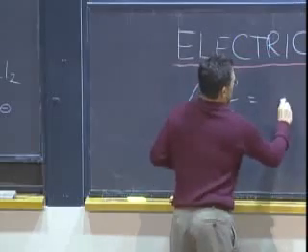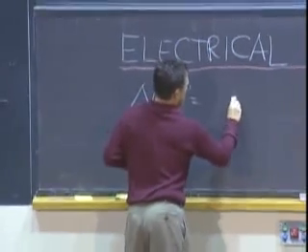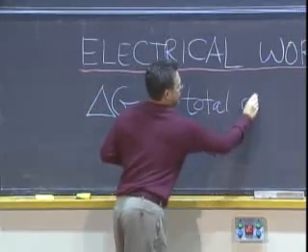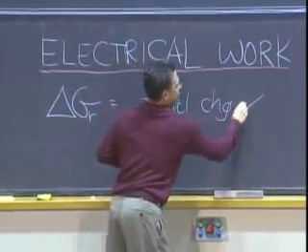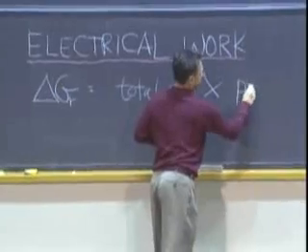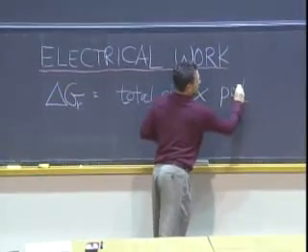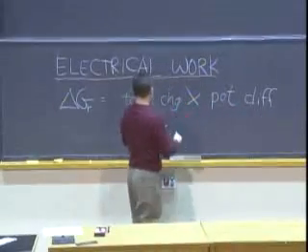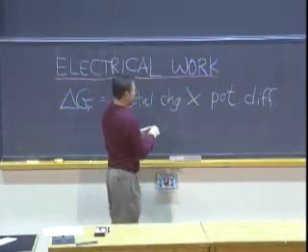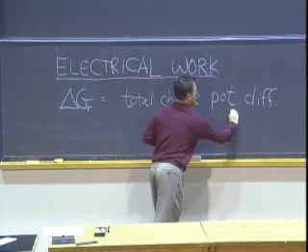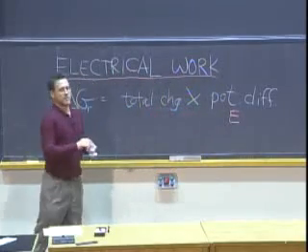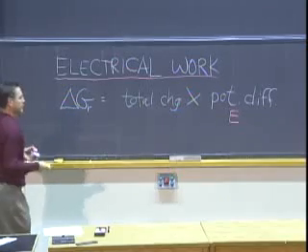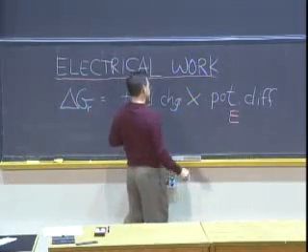And it is a potential difference. It's the total charge that is passed multiplied by the potential difference through which the charge is passing. Okay, we've been talking about this potential difference and calling it E. If it's a standard potential, then we'll use the superscript 0 or the little degree symbol for standard.